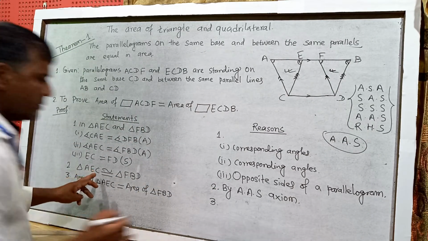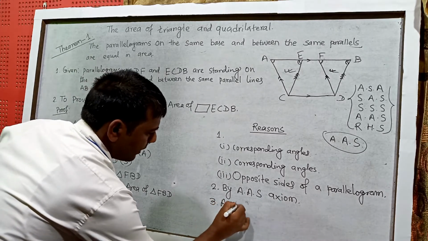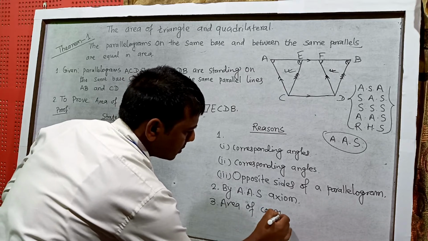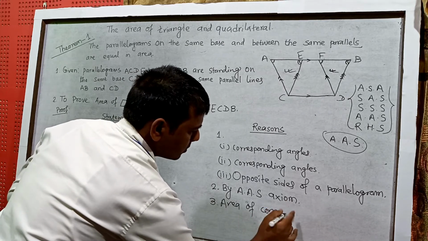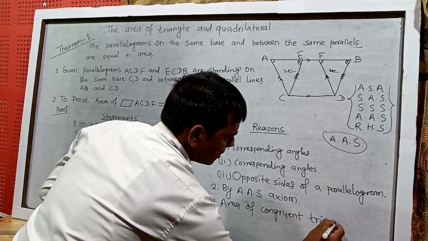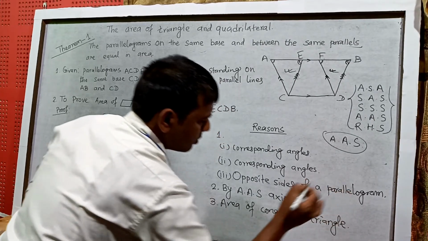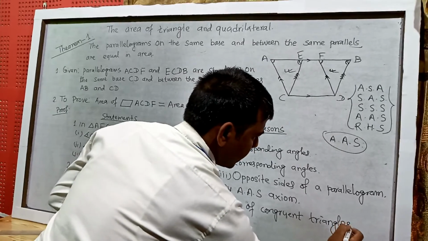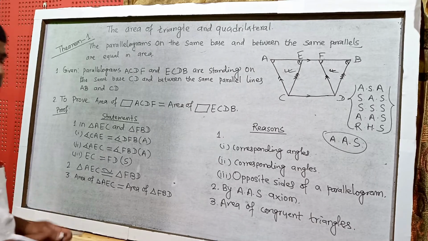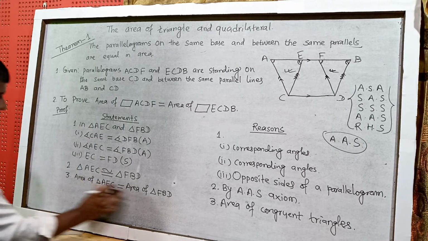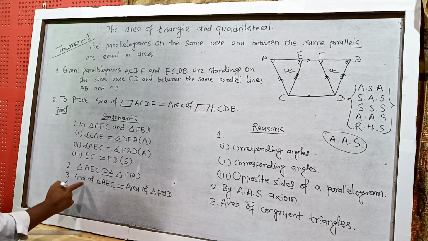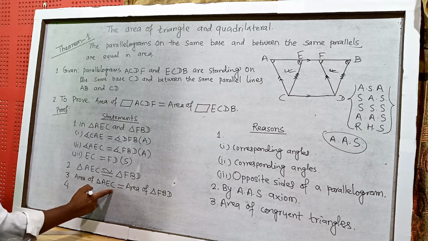The reason is area of congruent triangles are equal. After showing the congruent, their areas are equal. So we wrote this.